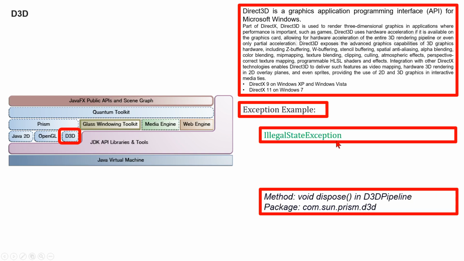As an exception example, we can consider this one, IllegalStateException, which can occur in void dispose in D3DPipeline, which is in the package com.sun.prism.d3d.